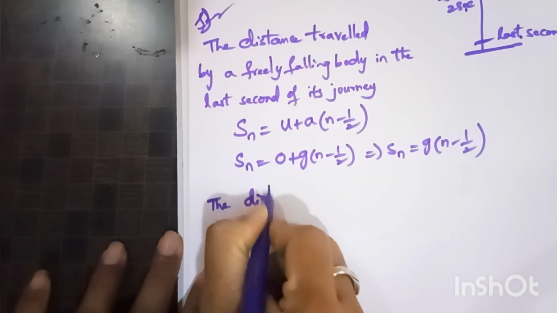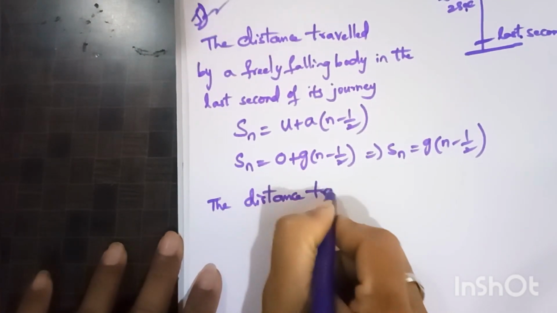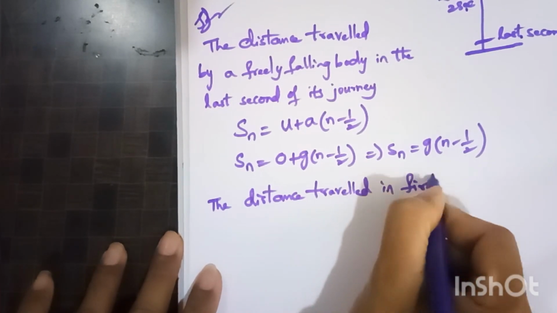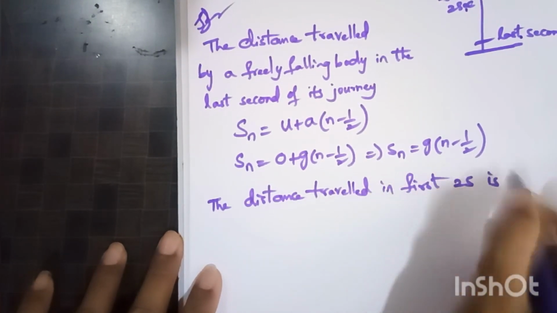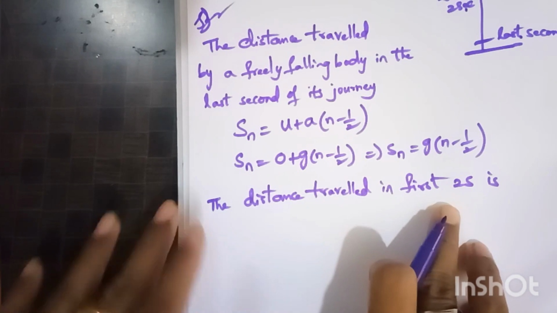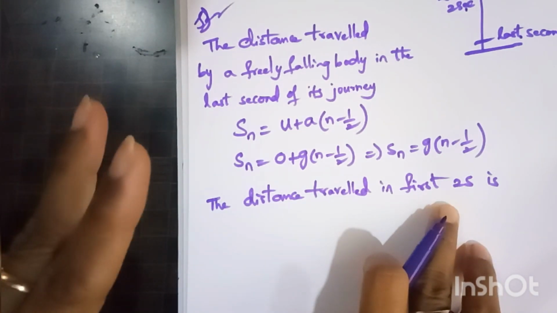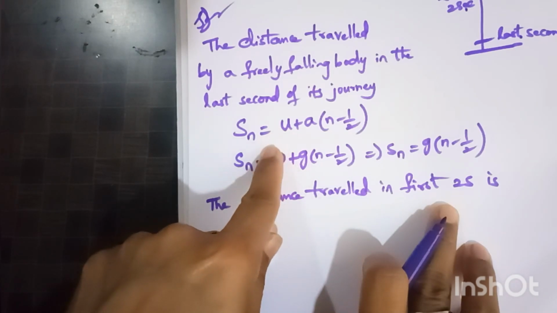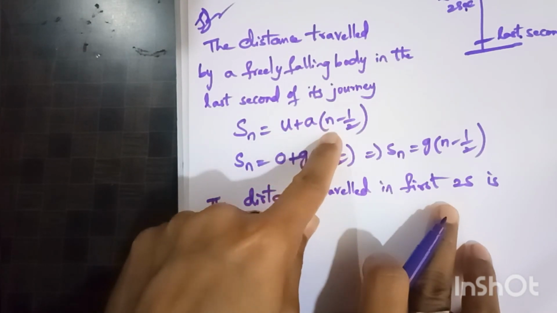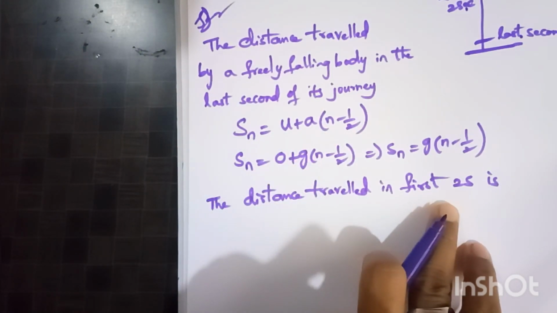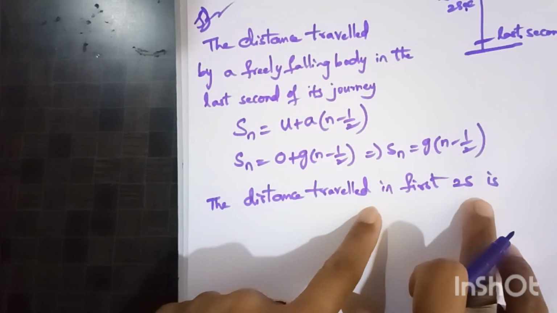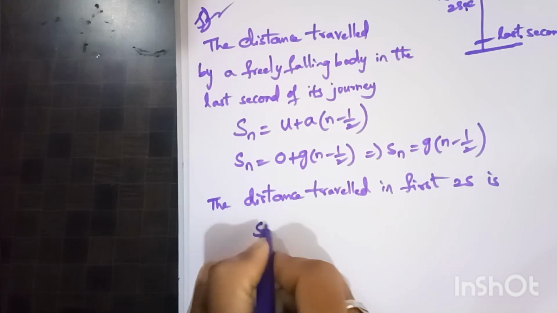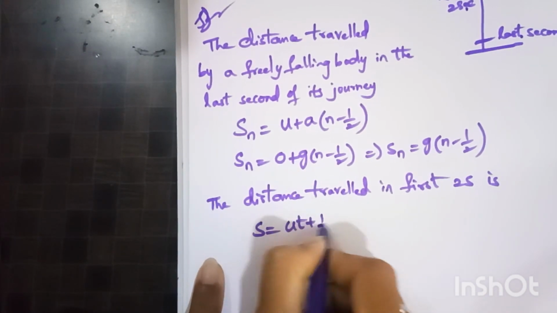The distance traveled in the first 2 seconds: if they say first second, second second, or last second, we should take the formula Sn equals u plus a into n minus 1 by 2. But they said first 2 seconds, so we have to take the formula s equals ut plus half at square.